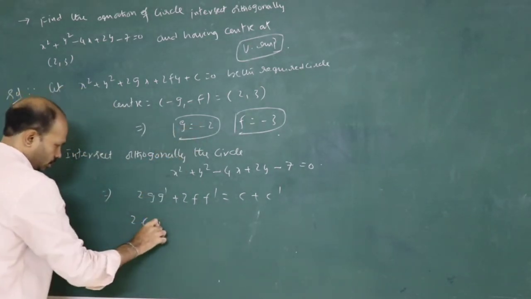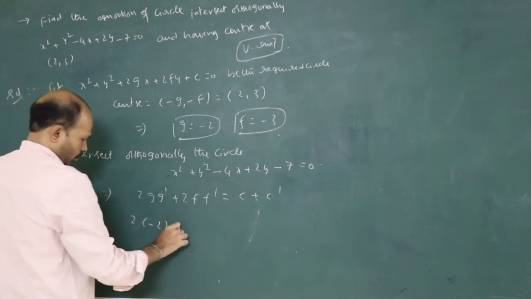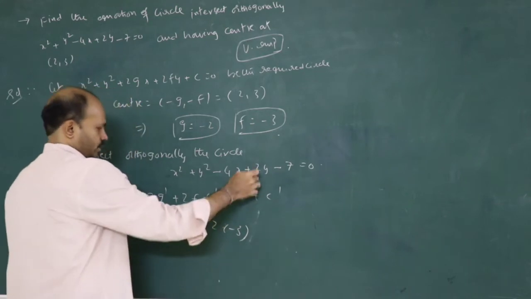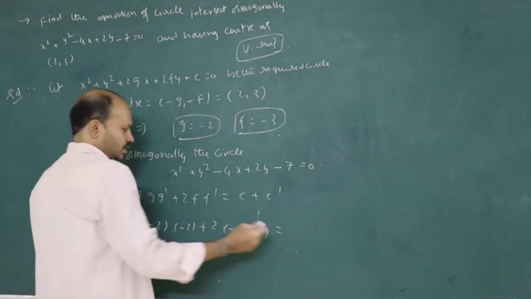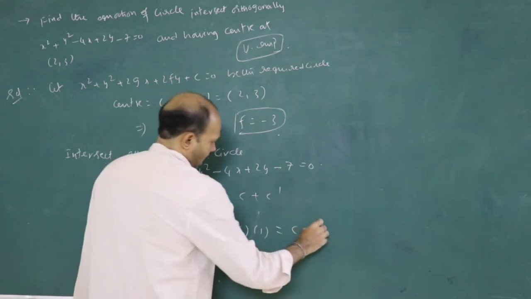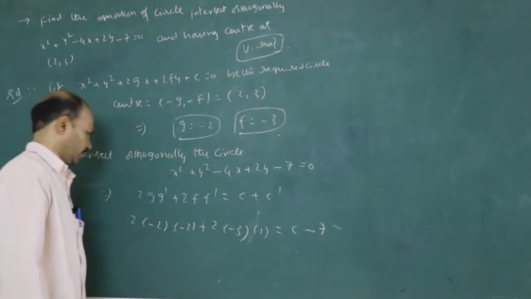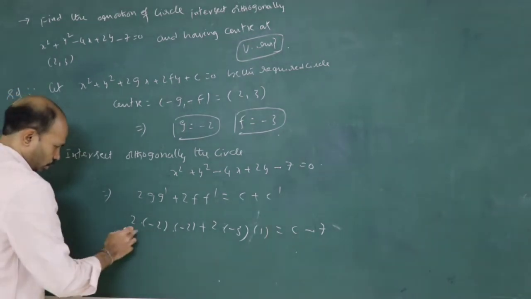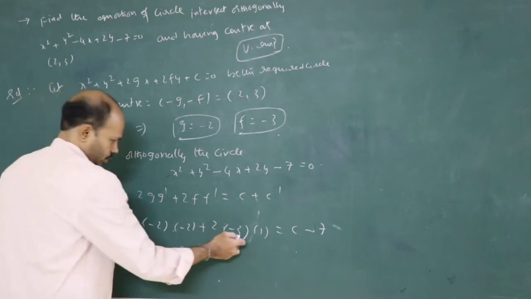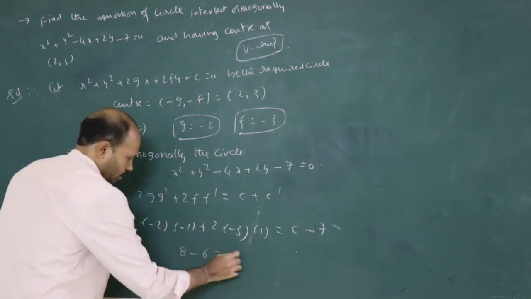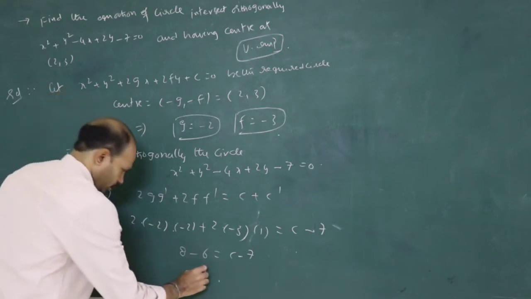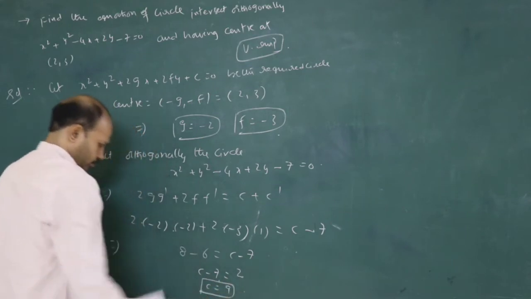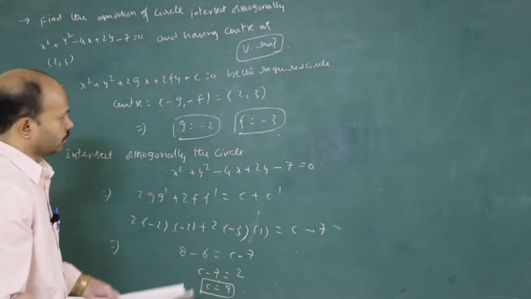So 2g g dash is 2 times minus 2 times 2, and 2f f dash with f dash as 1, is equal to c plus c dash, that is c minus 7. Simplify, you get the value of c. This is minus 8 plus minus 6 is equal to c minus 7. C minus 7 is equal to minus 14, then c is equal to minus 7. The value of c is equal to 9.